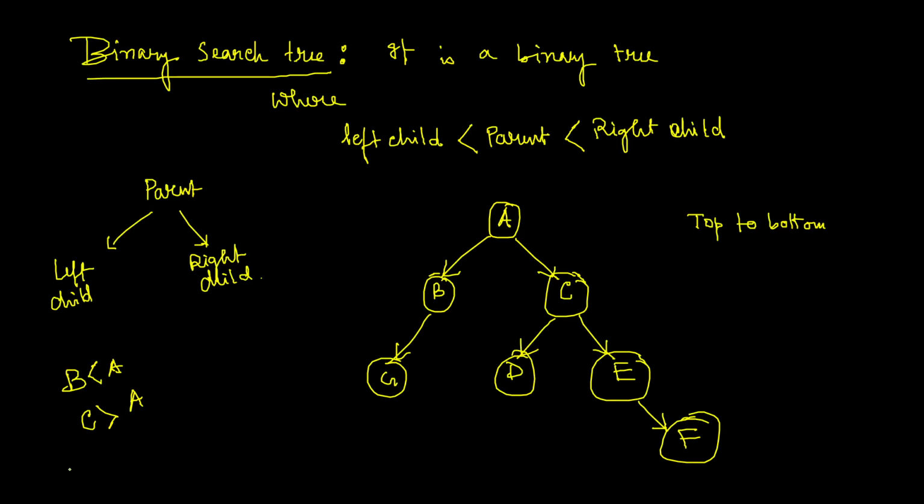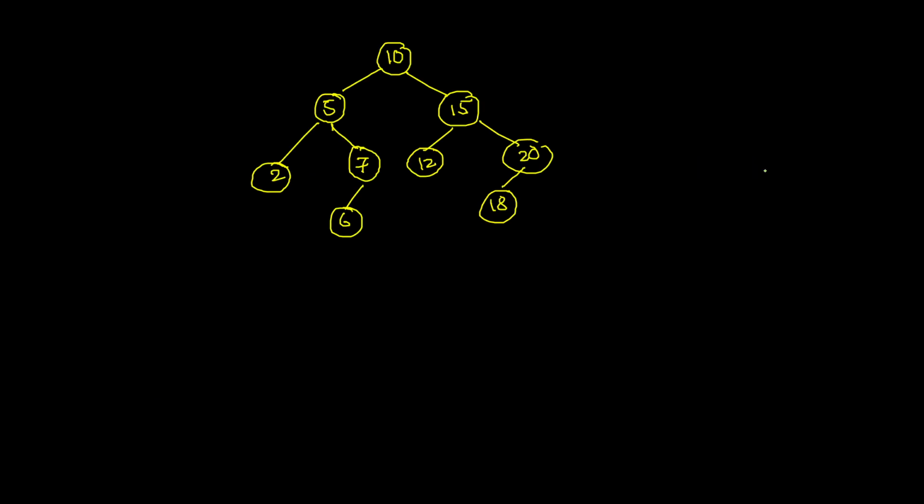Now, one very interesting point: we are saying that the left child is lesser than the parent and right child. Actually, you should say that the left subtree is less than the parent, and the parent is lesser than the right subtree. Now what is the right subtree? This is what you can call a subtree.